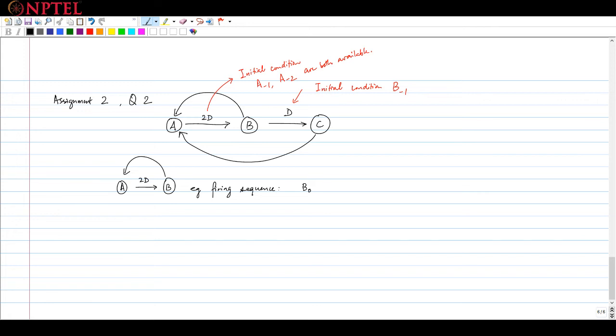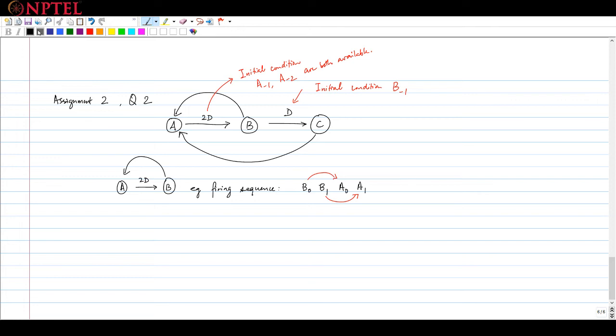It depends effectively on A of -2. Similarly, B1 can also execute. And after that, once B0 has executed, A0 can execute, and once B1 has executed, A1 can execute, right? So this is the dependency from B0 to A0, similarly from B1 to A1.